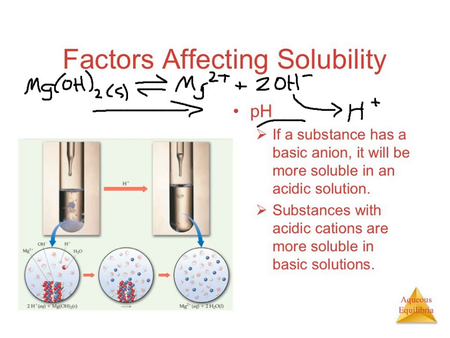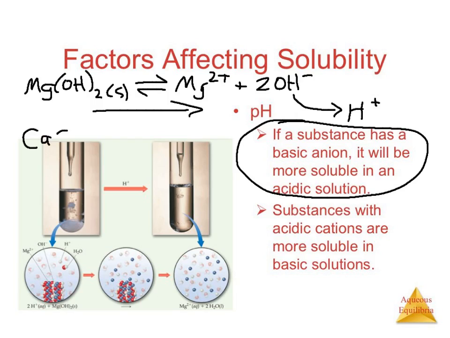And so that's what they're saying with this first one here. If a substance has a basic anion, it will be more soluble in an acidic solution. Now, it doesn't just have to be hydroxide. It can be any anion that's basic. So you could have something like calcium carbonate, CaCO3 solid, in equilibrium with Ca2+ and CO3 2-.